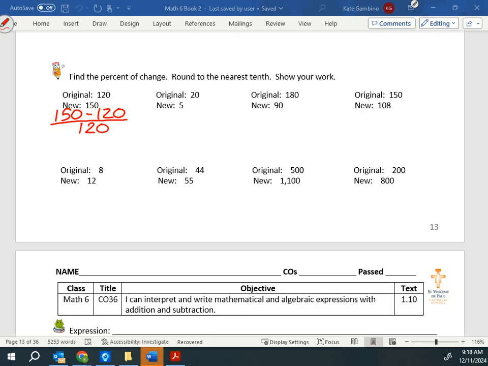Big number minus the small number, doesn't matter which is the original, which is the new. On the top, it doesn't matter. Big minus small, divided by the original. You always have to have that original number on the bottom. Okay? You do your math, you convert that decimal to the percent, and you're done.